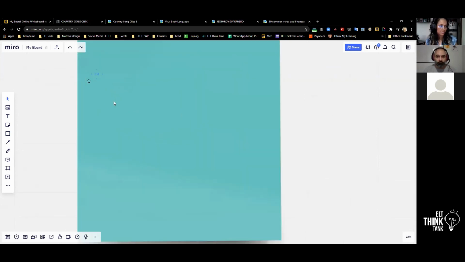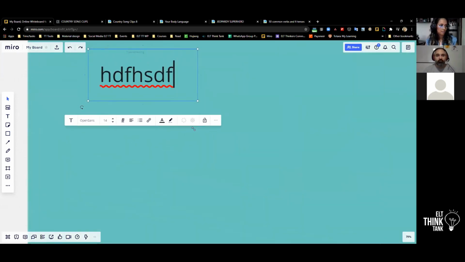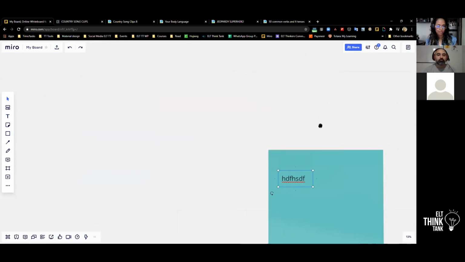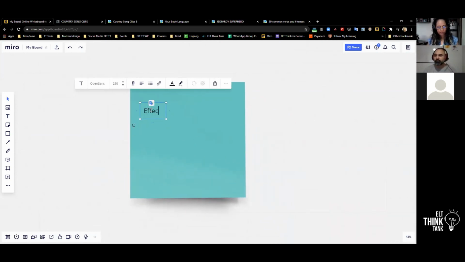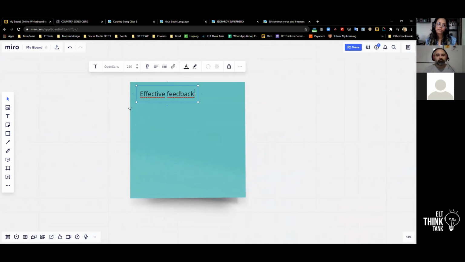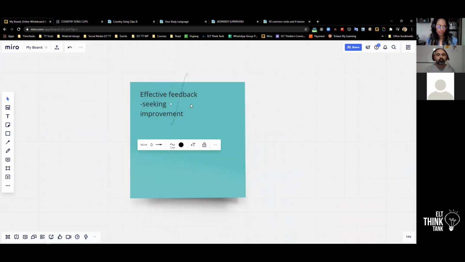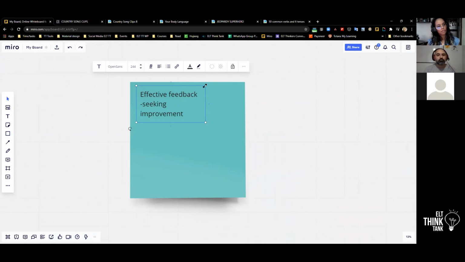I guess that effective feedback would be telling our students, or approaching them from a place of improving, right? That's what I would say is the objective of effective feedback. I would always try to seek improvement, but I do think that it's necessary to be real during the feedback.